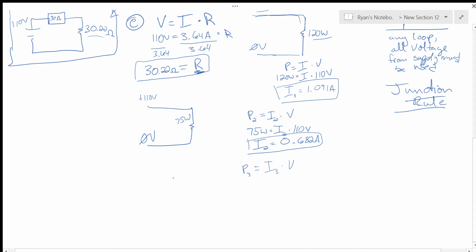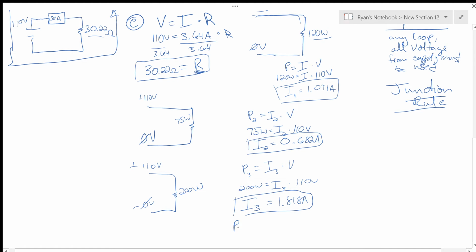The loop is just going to look like 110 volts, 0, and 200 watts. So 200 watts equals I3 times 110, and we find that I3 is 1.818 amps.